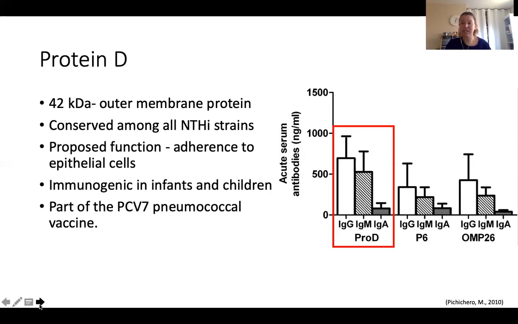And this tells us that it's really immunogenic and really antigenic in infants. Also, another major benefit of this protein is that it's already part of the pneumococcal conjugate vaccine. So it's already playing a role in a really important vaccine that we all get as children. And therefore, this is a candidate that has to be put into our NTHI vaccine.